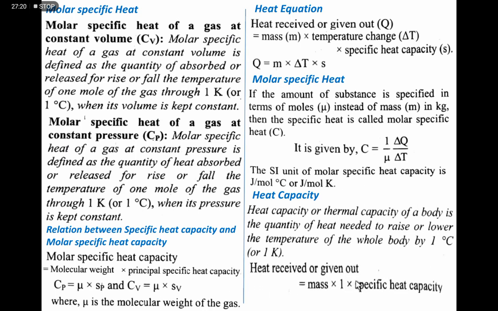So heat received or given out: the change in temperature is 1 and the specific heat capacity of the body is S. So we'll write M into S. Heat received or given out is equal to mass into specific heat capacity of the body.